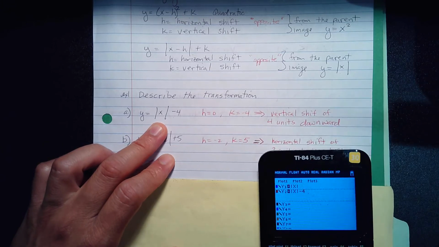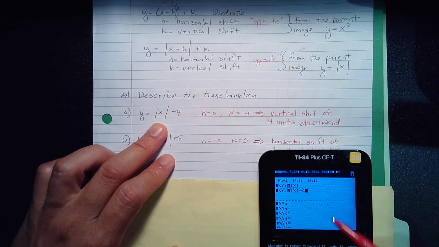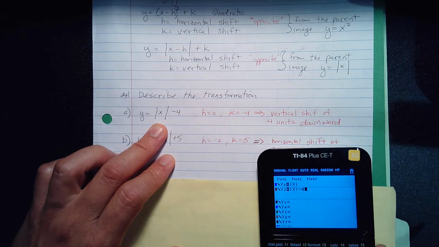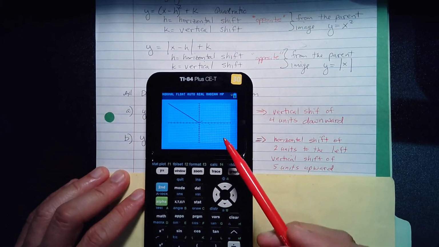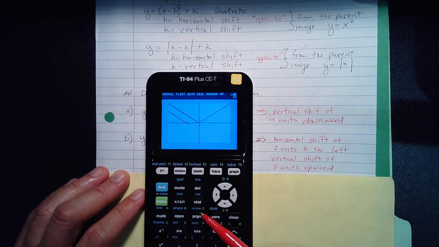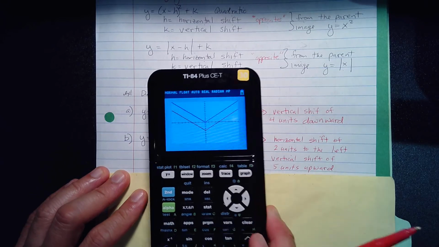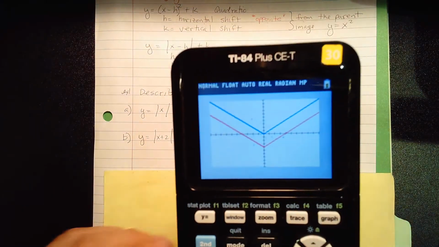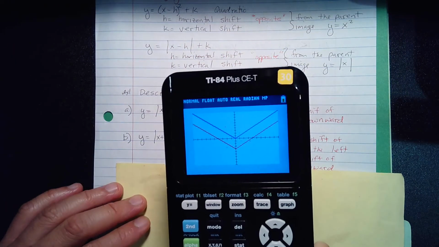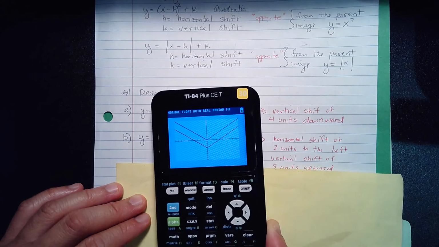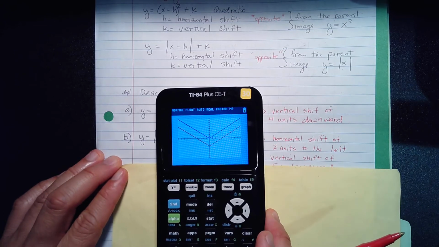So we said earlier that this absolute value function will move 4 units downward. So in blue is the parent function. So when we graph, here is our parent function in blue, and this is our shift. The blue image went 4 units downward. So that's the transformation. And again, transformation means the change of location of an image.